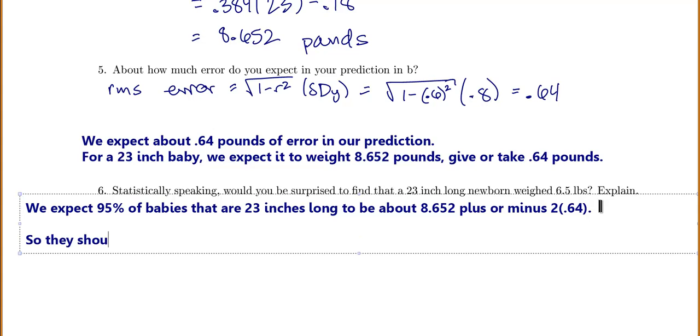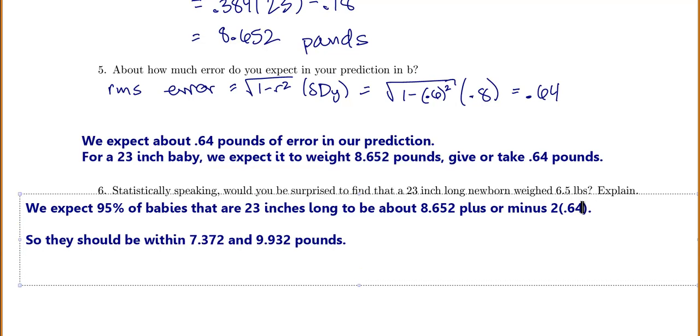If I subtract it, I get 7.372 pounds. And if I add it, I get 9.932 pounds. So 95% of the babies that are 23 inches long are going to be within 7.3 pounds and 9.9 pounds. So 6.5 is outside of that range. So it would be surprising.